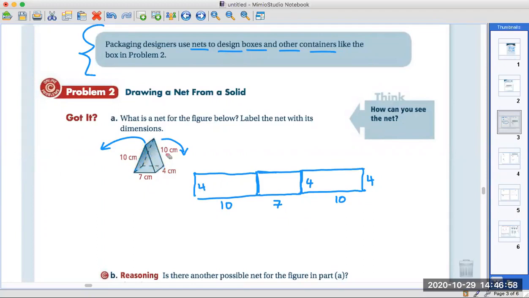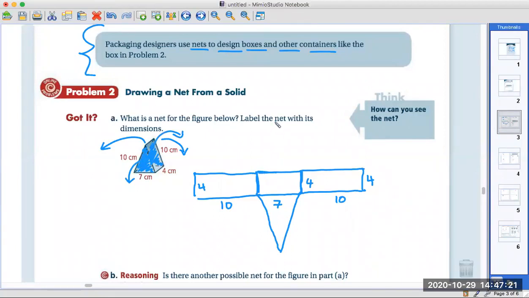And then I have the front and the back. The front and the back are triangles. I'll just fold it out toward me. So then that would be from here to here, coming out like that. And the back is also a triangle, and it's folding out backwards.